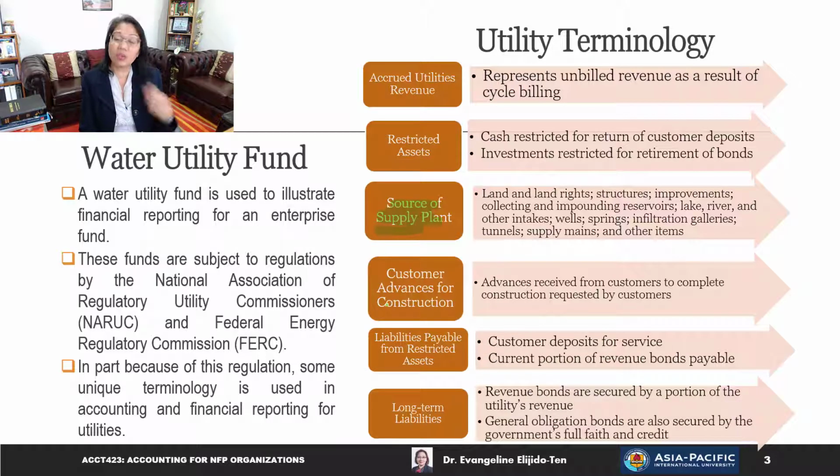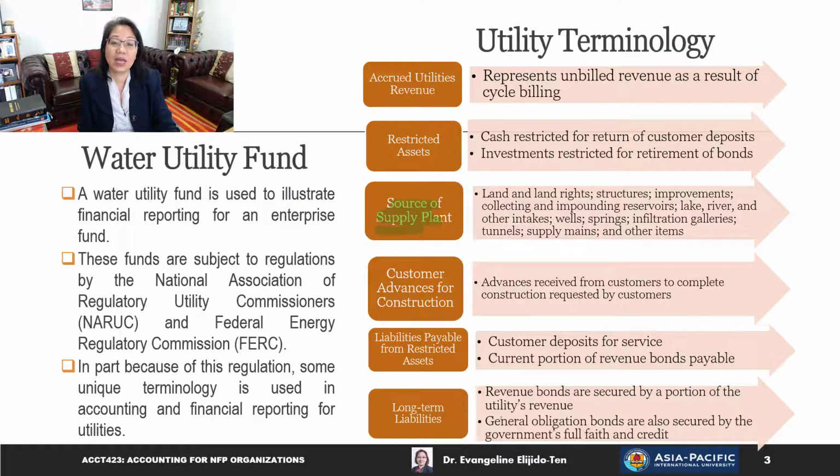The last two that we will be using are liabilities payable from restricted assets and long-term liabilities. Liabilities payable from restricted assets could be customer deposits for service and the current portion of revenue bonds payable.